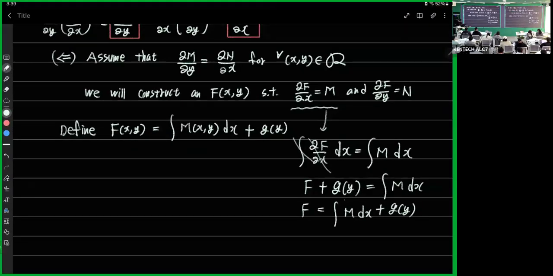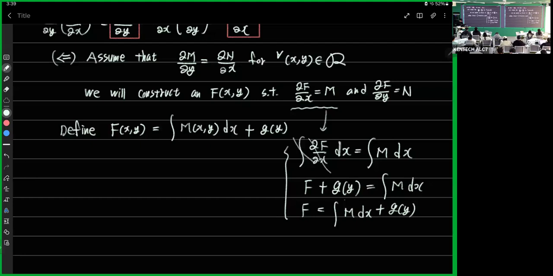Okay, let me just keep going. I told you, the sign of g of y will be determined by initial condition, so it doesn't matter, plus or minus. Anyway, I defined f like this.